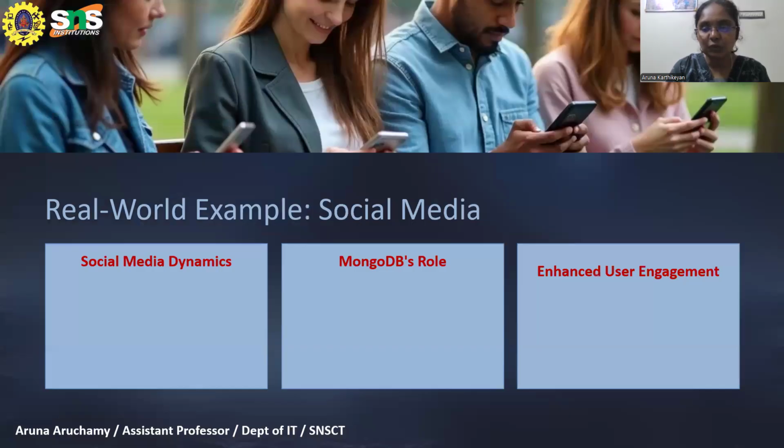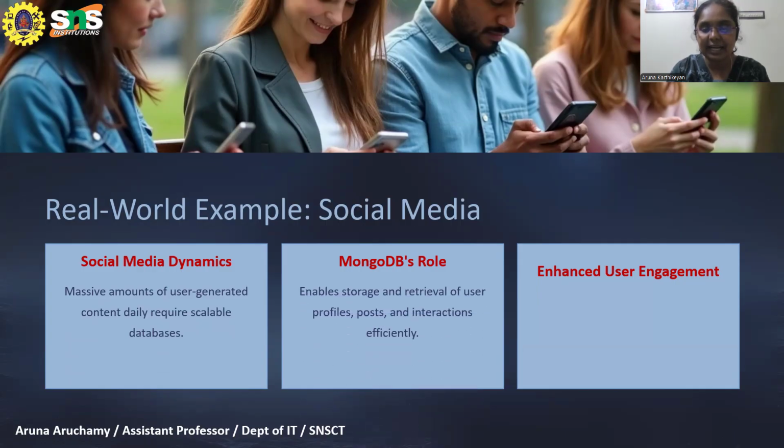The next application is social media, because nowadays everyone is linked with social media. The major thing is the massive amount of data. Users are generating large amounts of data, so we need a scalable database. For that scalable database, we go for MongoDB.